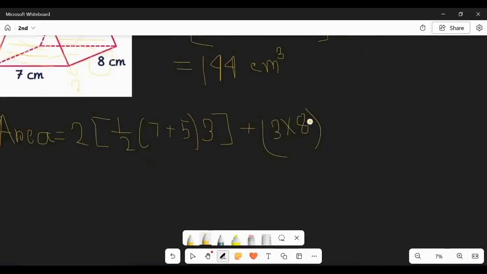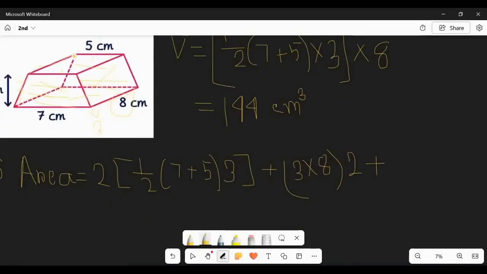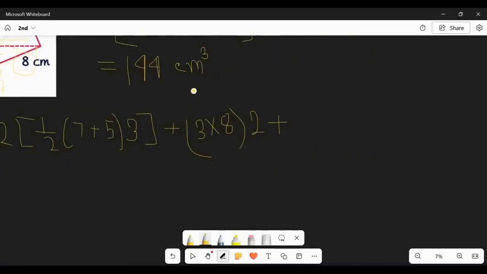So the same as before. So let's just multiply 2 with it. Now the top rectangle, this is 5 and this is similar to this one, so 8. 8 into 5.